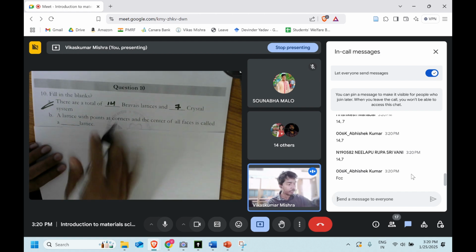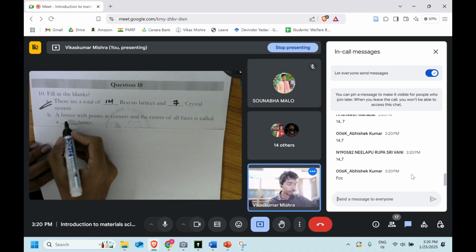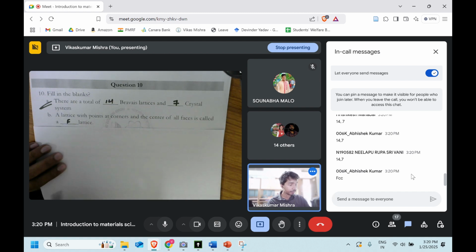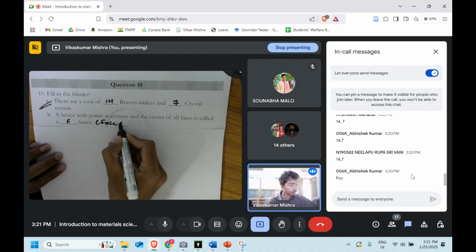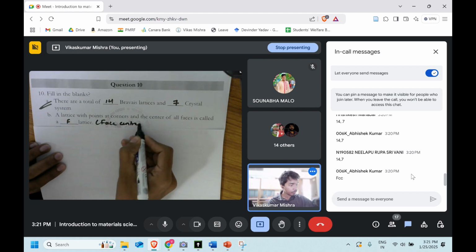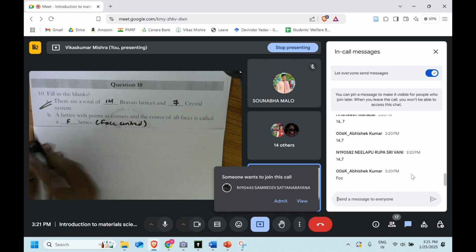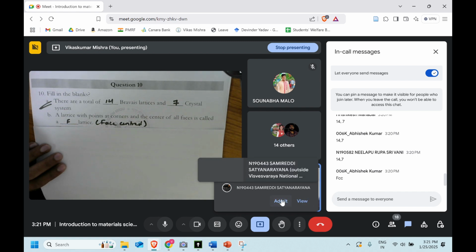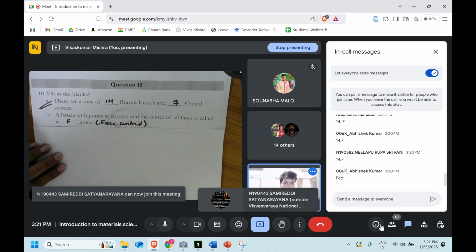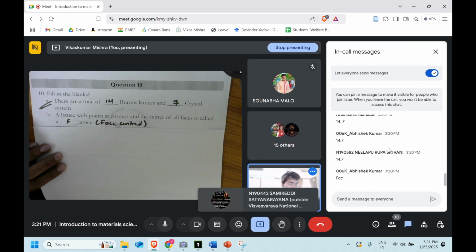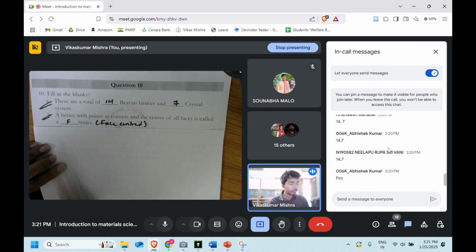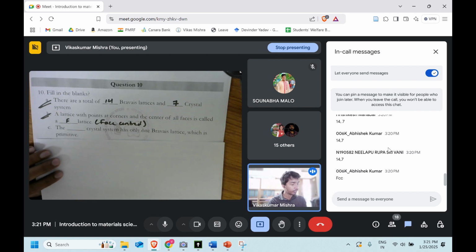So I can represent it like F, face centered lattice. Okay, all are admitted. So with that, we have solved the second question, and let's move to the next one.